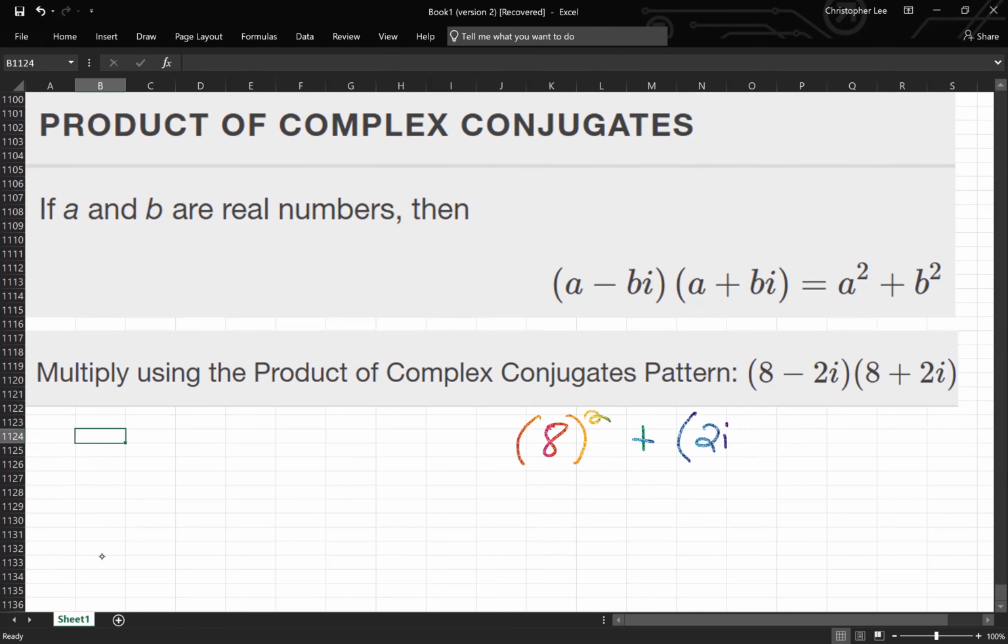Technically it's just 2 squared, you could just drop the i and do it like that. So 64 plus 4 is 68, done. That's the complex conjugate pattern. That's all it is.